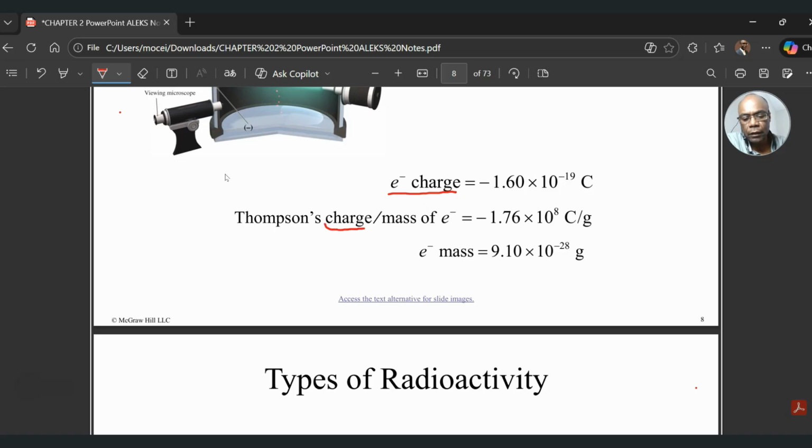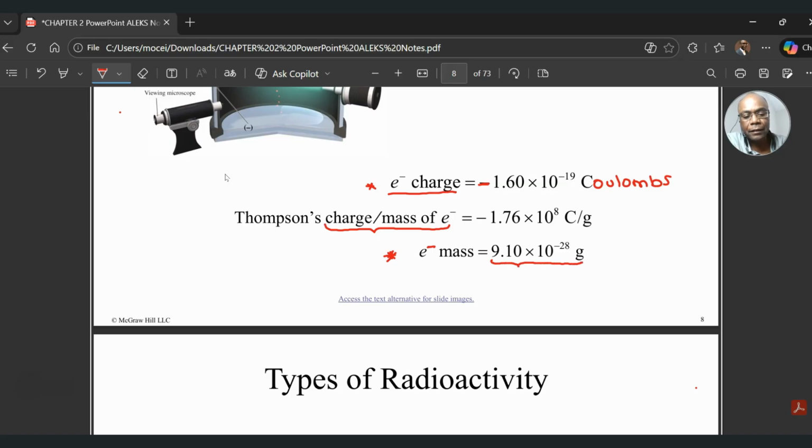Thompson only found out the charge to mass ratio of the electron. So Millikan found out that the charge of the electron is negative 1.6 times 10 to the power minus 19 coulombs. And then he also found by calculations that the mass of a single electron is 9.10 times 10 to the power minus 28 grams.